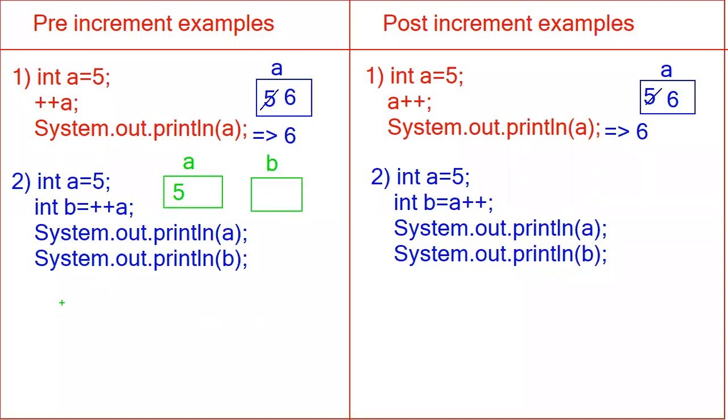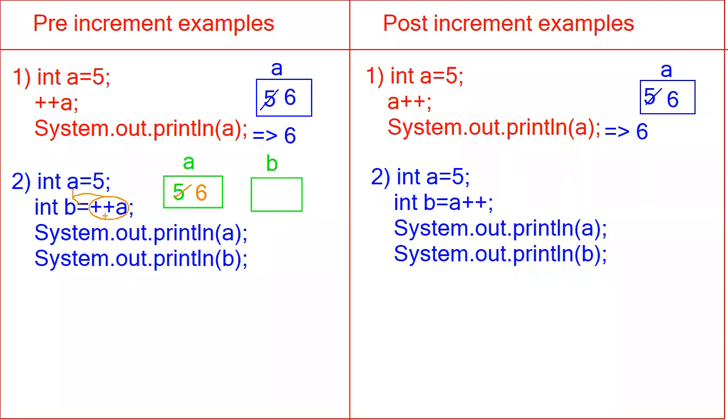Now you observe, first int a equal to 5, a value 5, int b equal to plus plus a. Is it pre or post? Pre. Then what will happen is this part is incremented first, so it will become 6. After this, the value is stored in b.